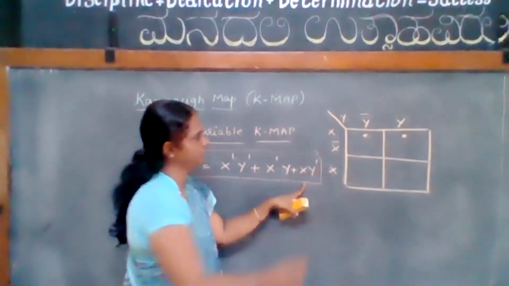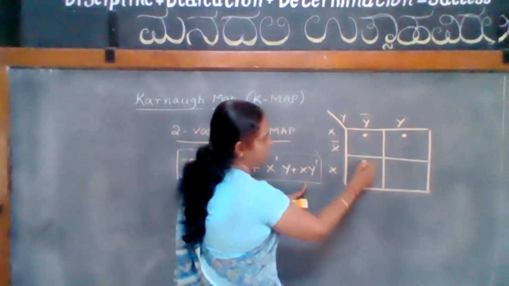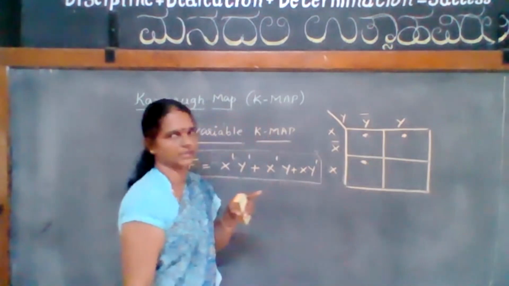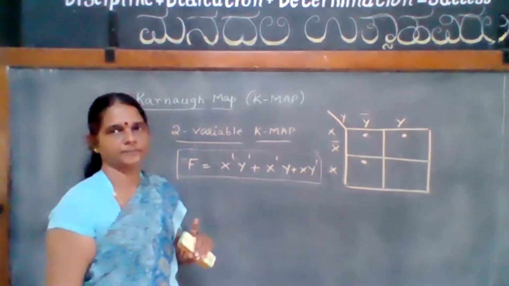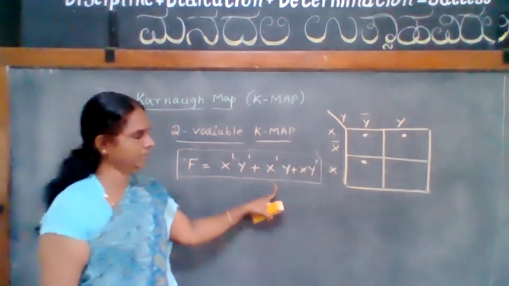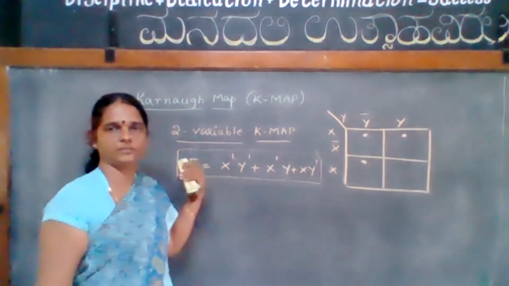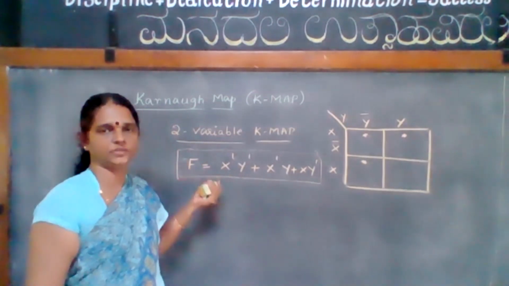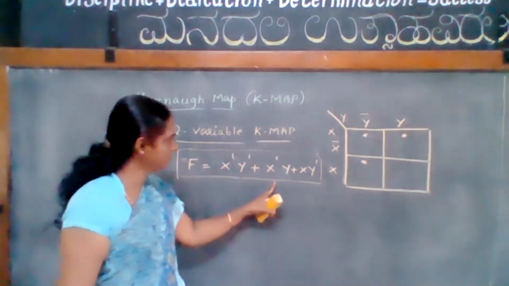X y dash: x is here, y dash is here, so that belongs to the third cell. Now what do we have to write in the cells? These are the min terms which are written from the truth table of that function.